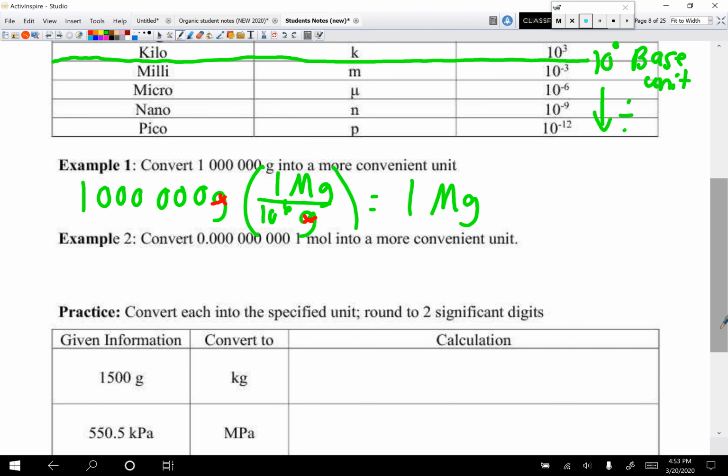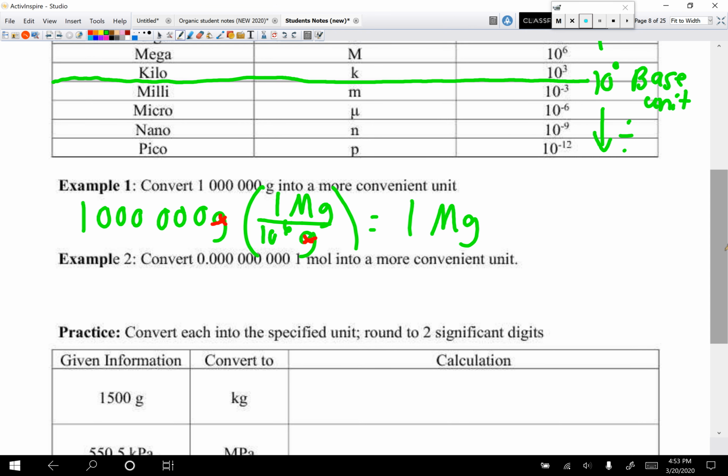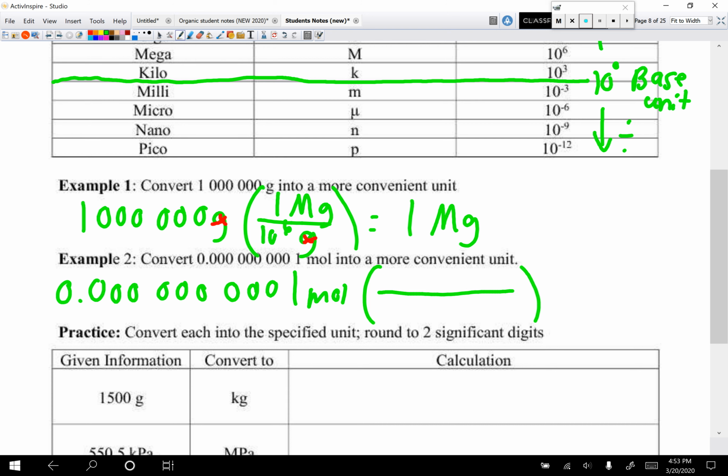Same thing, converting this extremely small number into another convenient one. You can use either micro or nano, for example. I'd probably lean towards nano and see where that gets us, but if we write our original 0.00000000001 mole, our conversion factor, we want to get rid of mole. So there's 10 to the negative 9 moles in every 1 nanomole, right?